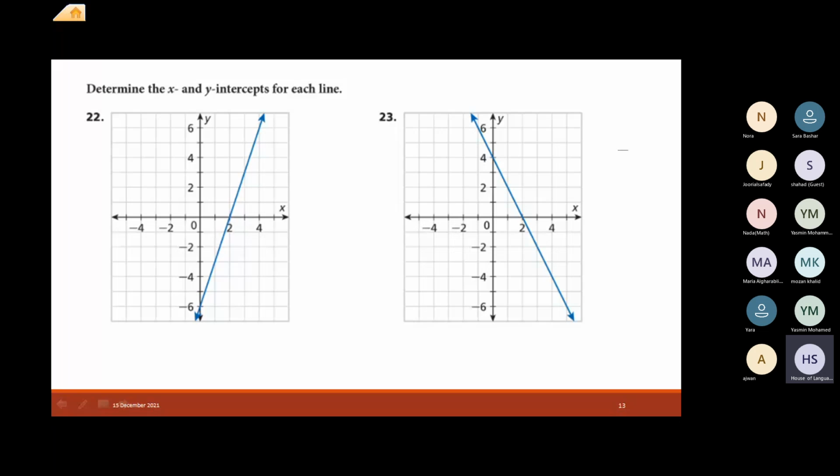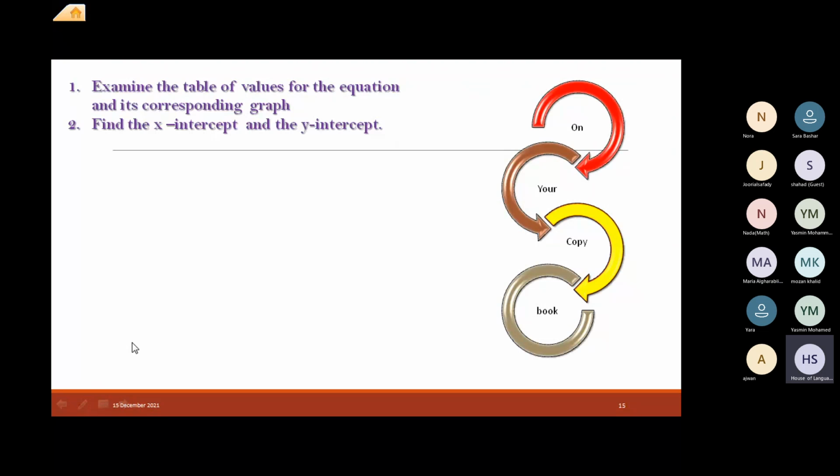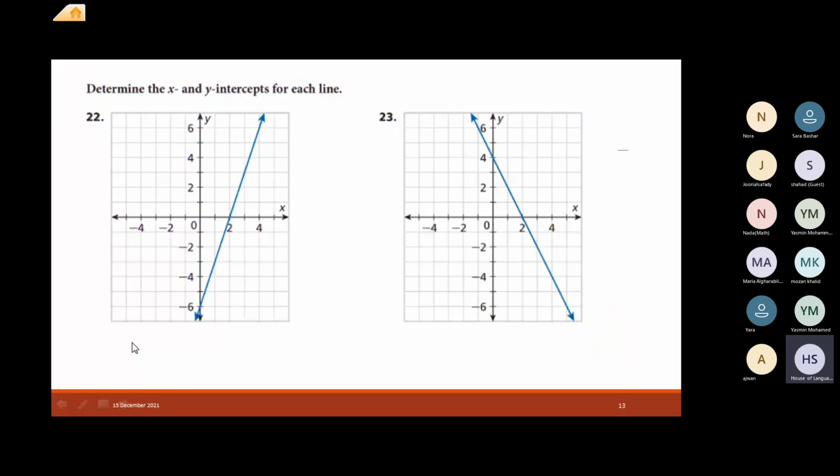Let's continue. Now, this is number 22 in your book. Who wants to answer? Me, teacher, I'm Yara. Yes, Yara. What about the x-intercept? Now, I will write the XY coordinate.